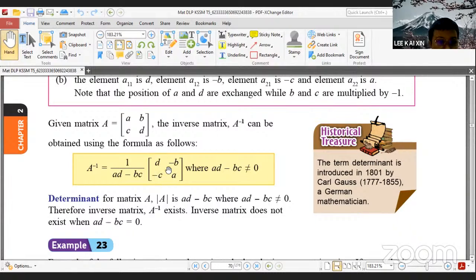It's like A, D, negative B, C, and 1 over AD minus BC, times with this part, the one I showed you just now. Then we will get it, with the condition this is not 0. If you have 0, then you get 0 for the whole thing.